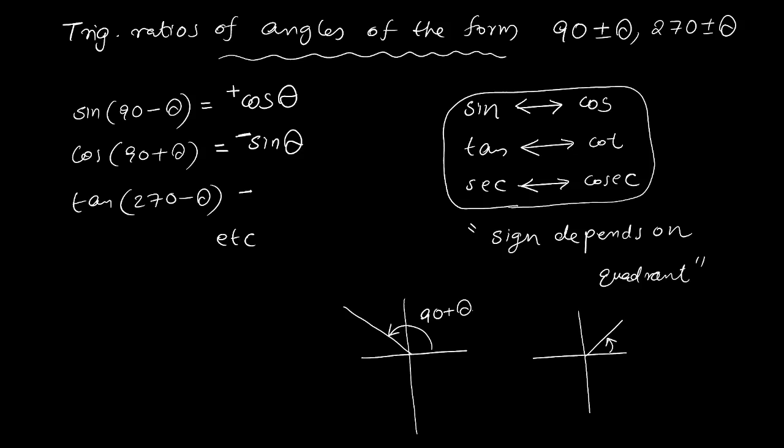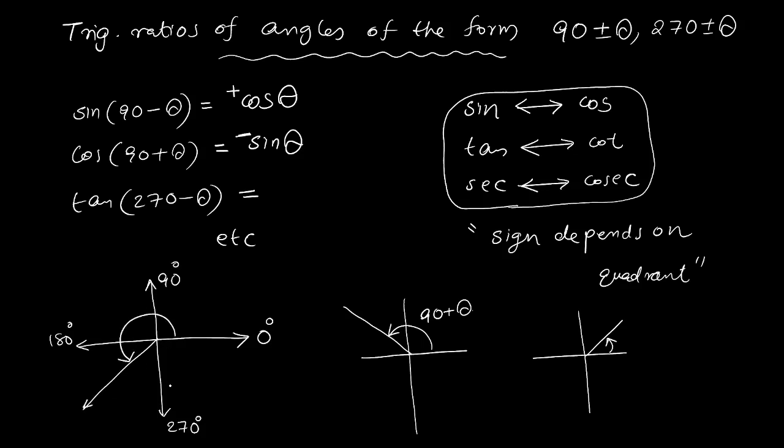One more example I will discuss, after that you can ask me doubts. Tan 270 minus theta. Look at the position of 270. This is 0 degree, this is 90 degree, this is 180 degree, this is 270 degree. 270 minus theta means it is an angle less than 270, just before 270.